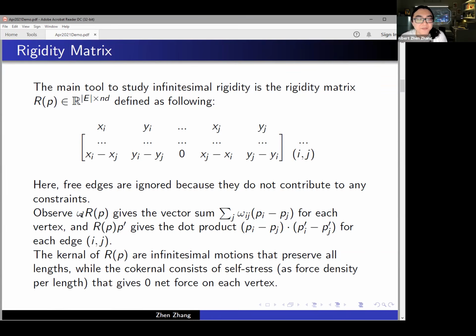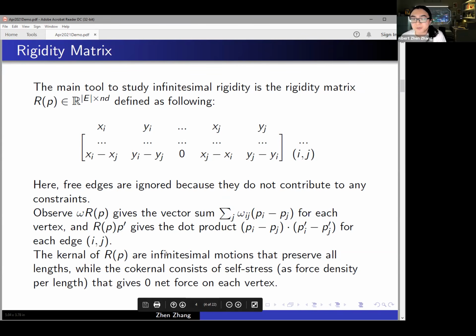Observe that left multiplication by omega gives the vector sum for each vertex. So if you think of omega as a force density, this is the force balance in the x and y directions. And right multiplication by p prime gives the dot product, that's the derivative of length at the very beginning. So the kernel of the rigidity matrix consists of infinitesimal motions that preserve all lengths.